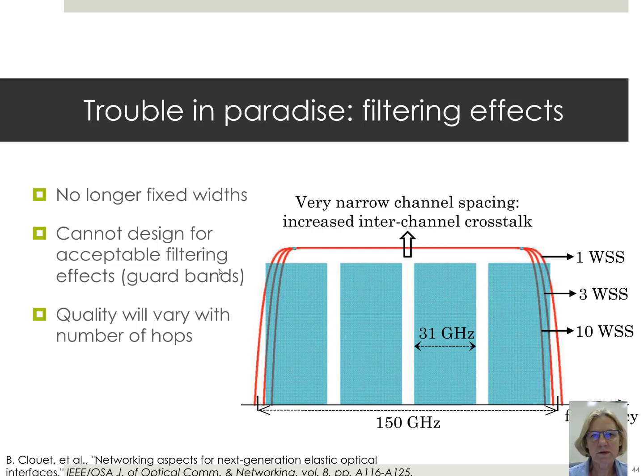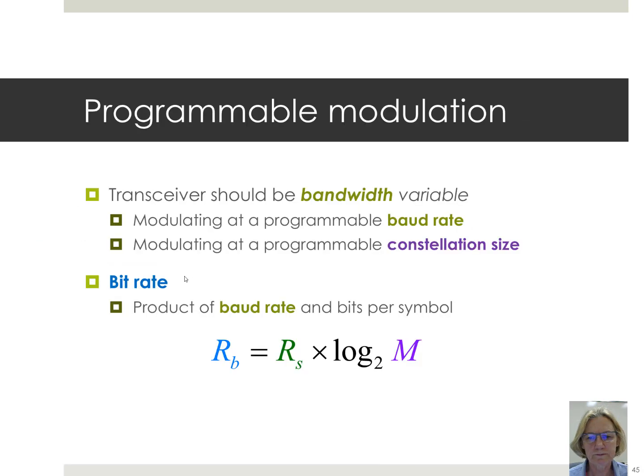We could use guard bands, but that would sort of defeat the purpose of what we're doing. So the important thing to notice is that quality will vary with the number of hops, and maybe this is something that we're going to have to deal with in our routing. And so this is an issue that we're still coming to terms with for the future elastic optical networks.